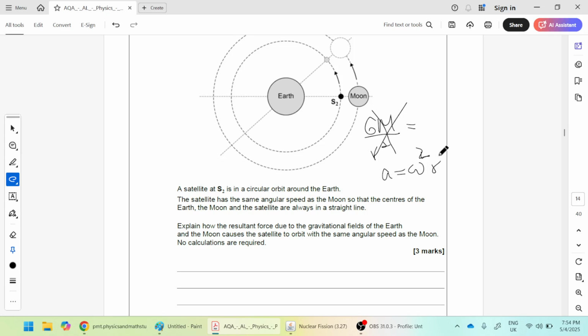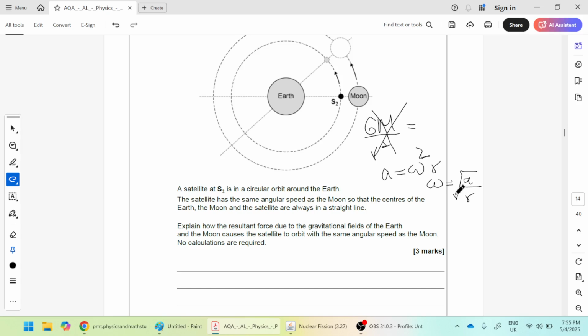Give me a second to think. Okay. Yes. So omega equals the square root of centripetal acceleration divided by r, right?